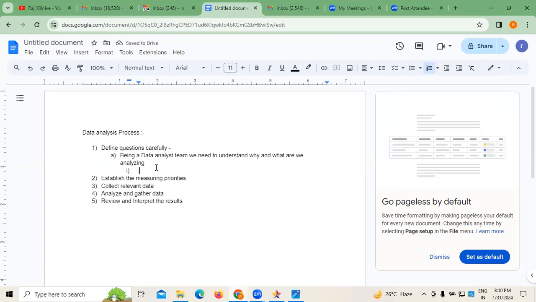First point: is this for business performance or to know about the status of the organization?